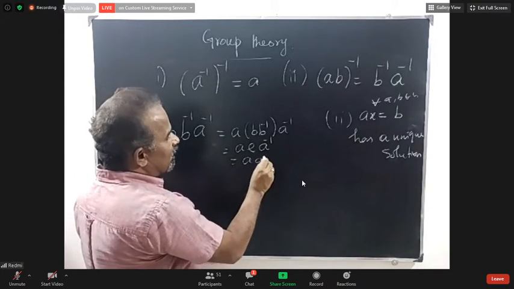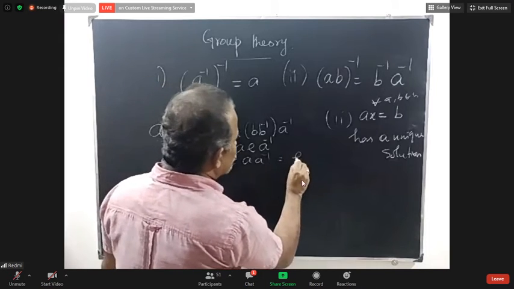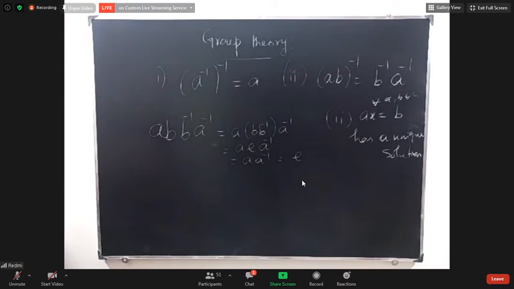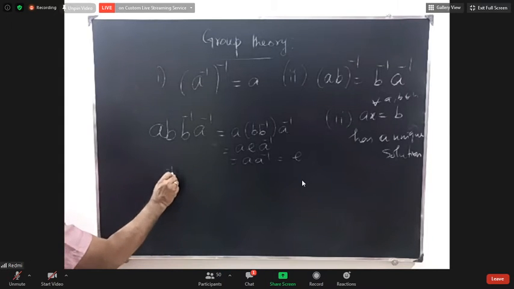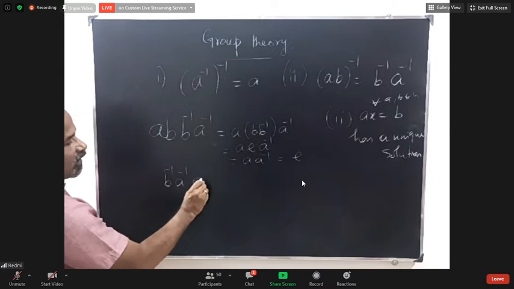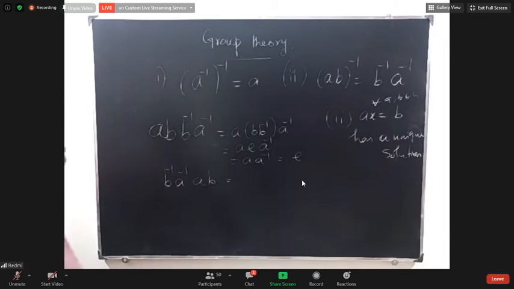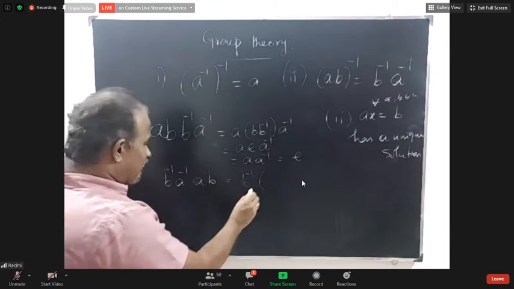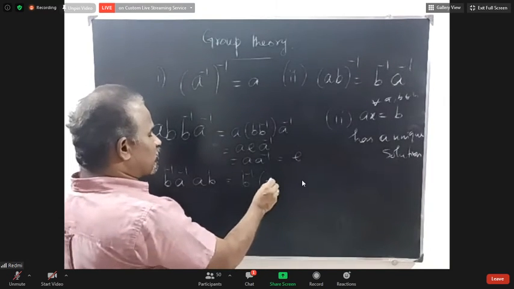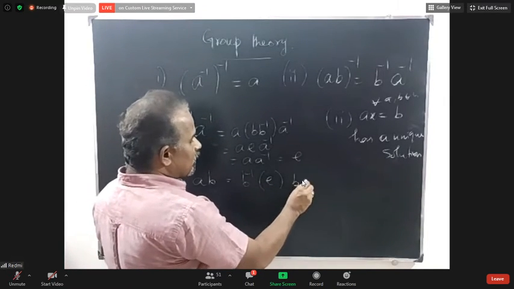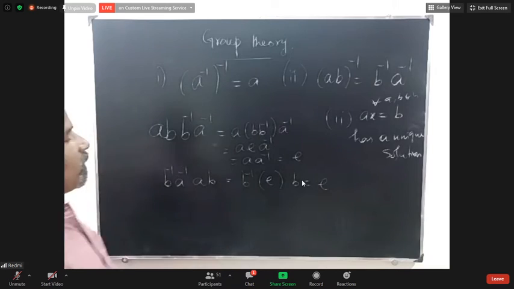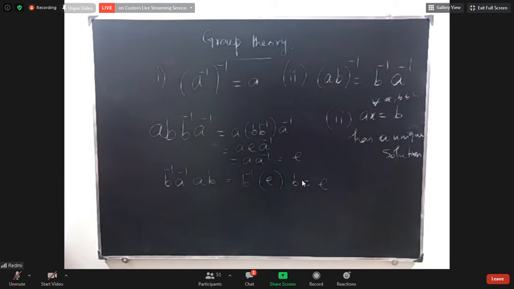Therefore A A inverse, so this is equal to E. Similarly, B inverse A inverse into AB is equal to B inverse, by again associativity, A inverse A is equal to E, then B inverse B, therefore again it is equal to E.